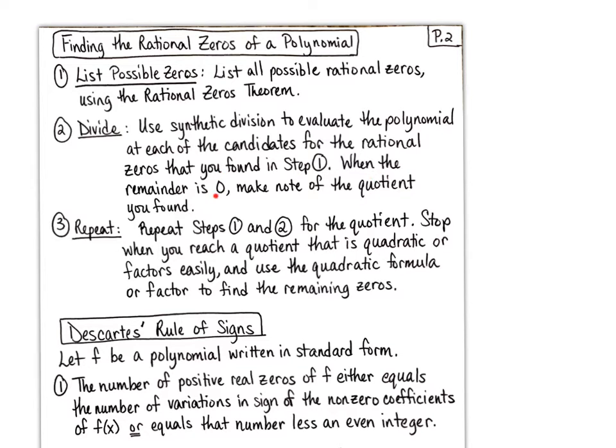And then when the remainder is 0, you make note of the quotient you found, okay? Because that means that the number you chose is actually part of your factor. It's a zero. Then you repeat these 2 steps until you can no longer divide, until you found all of your factors. Okay? What questions do you have?